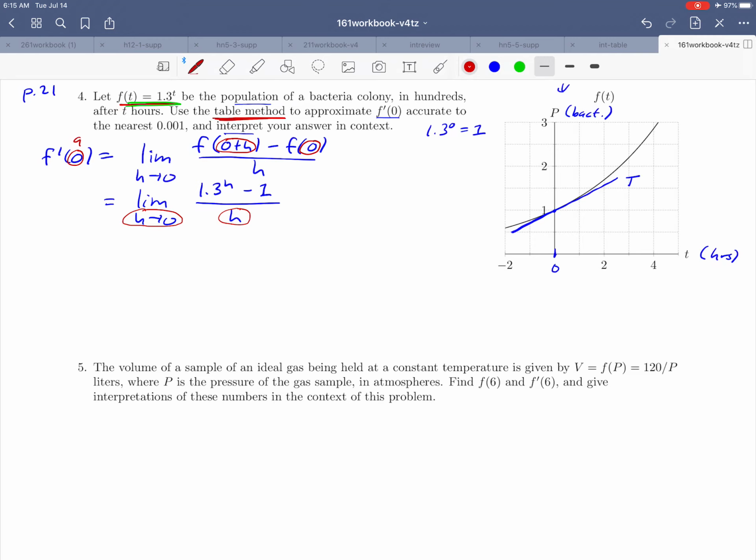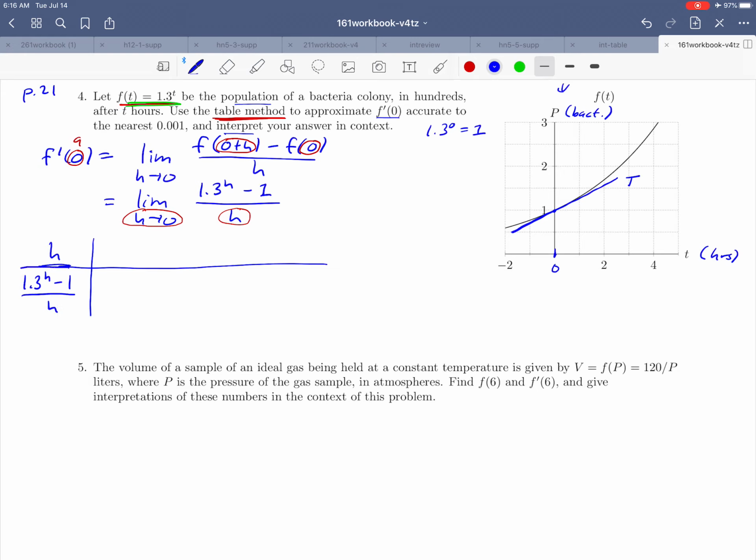This goes back to what we talked about earlier on in the course. So we're going to estimate this limit numerically by choosing a list of values for h that get closer and closer to 0, and then to take those and substitute them into the thing that we're taking the limit of, 1.3 to the h minus 1 over h.